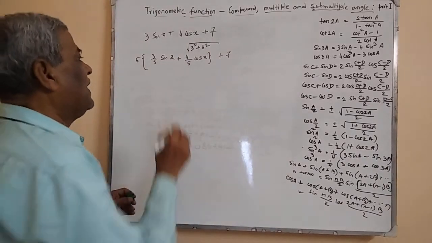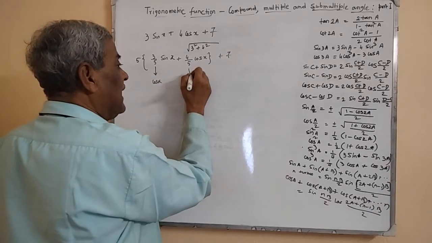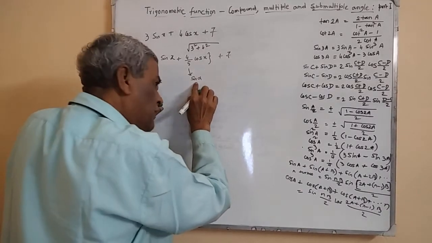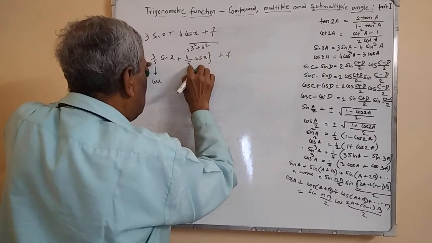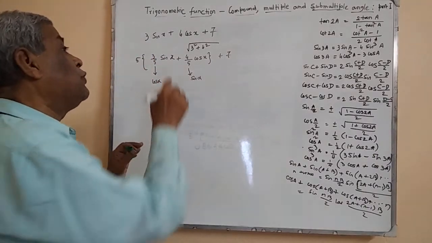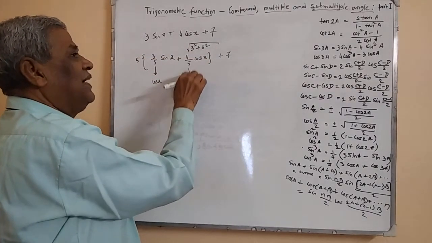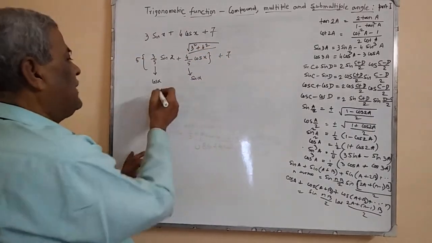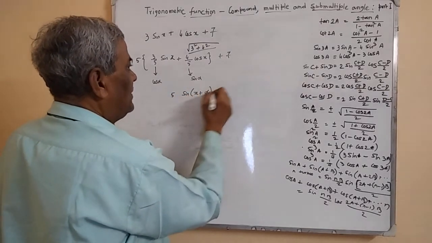If it is cos alpha, it must be sin alpha, because sin square alpha plus cos square alpha must be 1. Now this square plus that square, 9 plus 16 by 25, is 1. We are compelled to make them so, which is why I divide by that. So it is 5 into sine of x plus alpha plus 7.